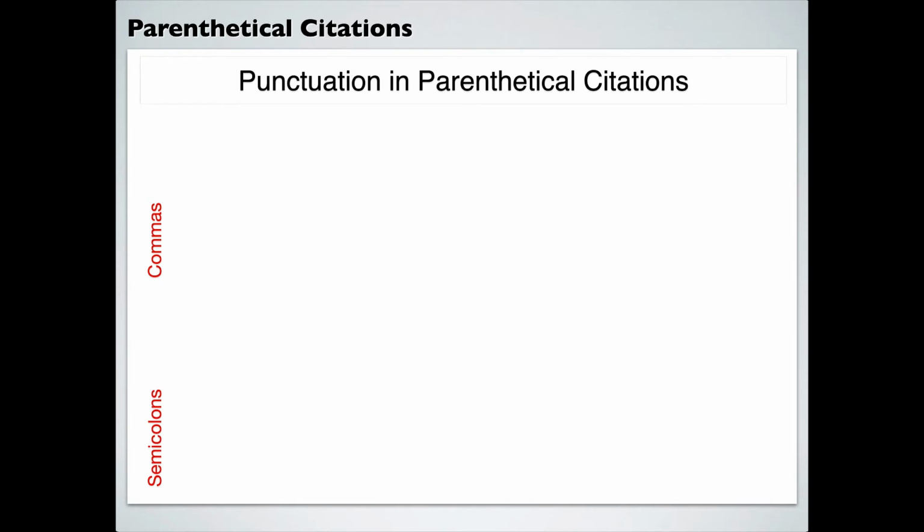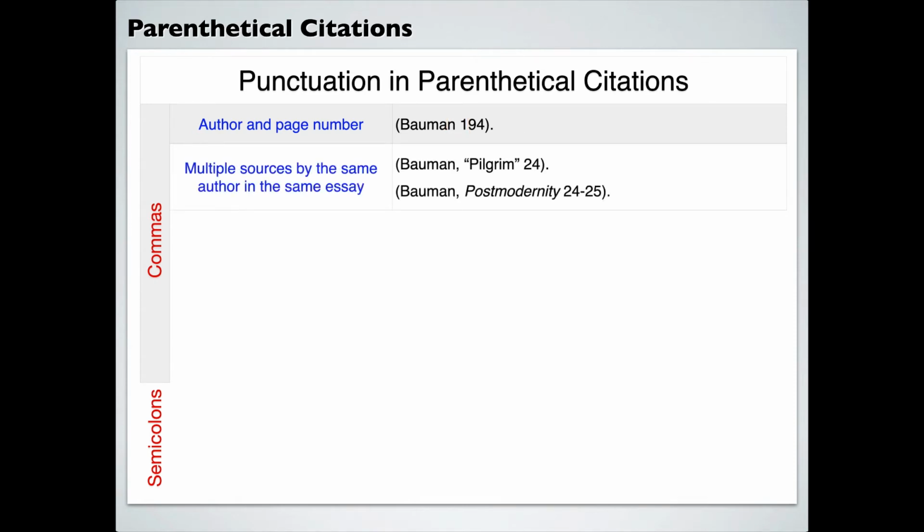So to review, in parenthetical citations, generally there is no punctuation between the author's name and page number. However, as we saw above, to cite multiple sources by the same author in the same essay, use a comma between the author's name and the source.